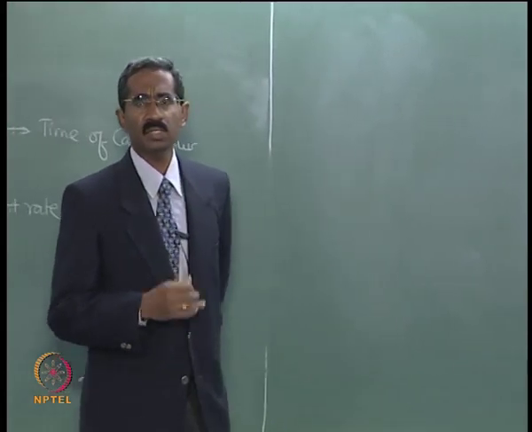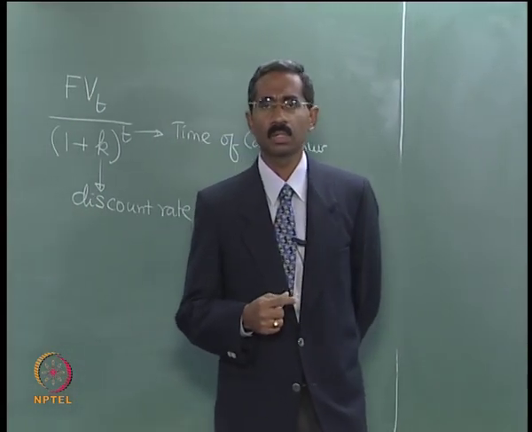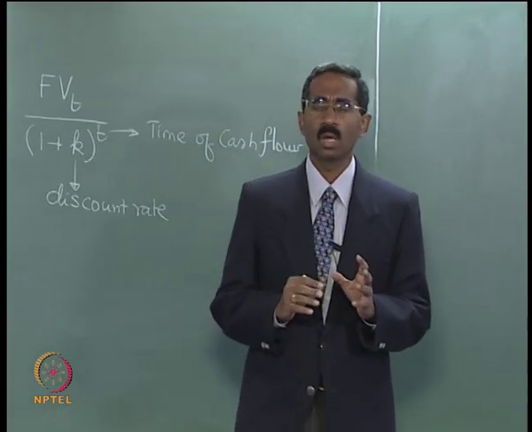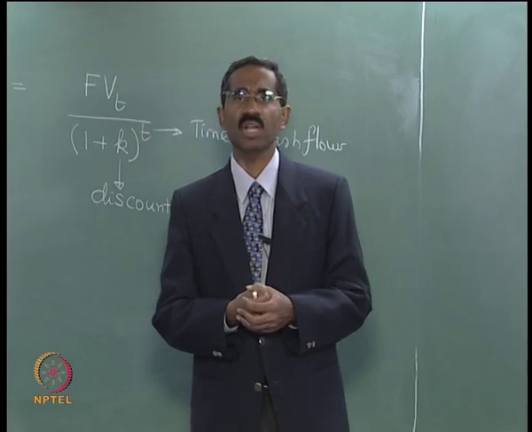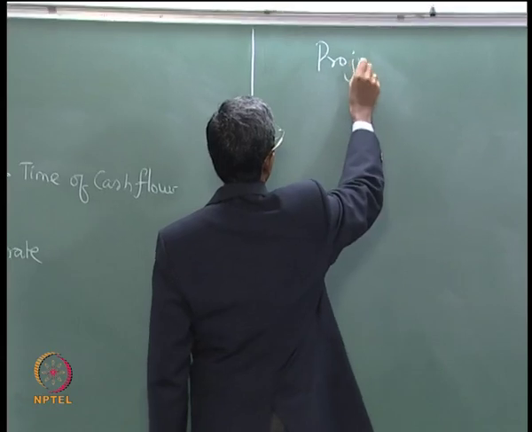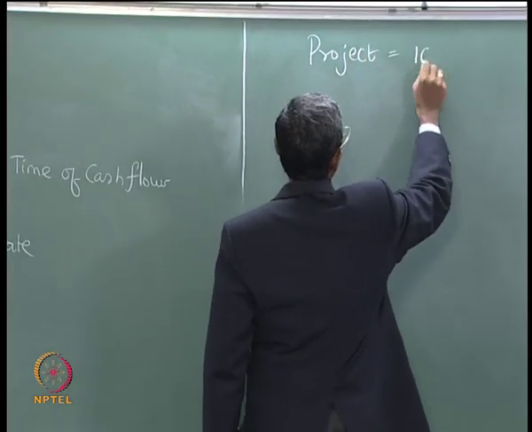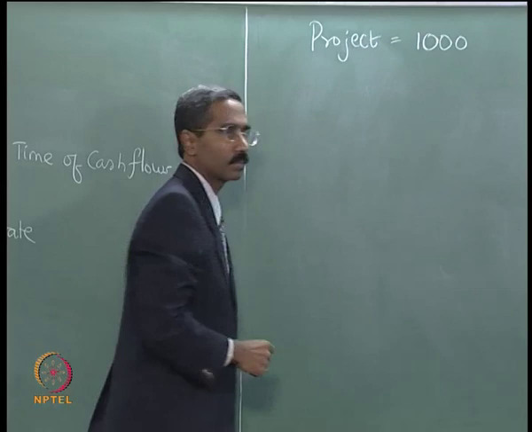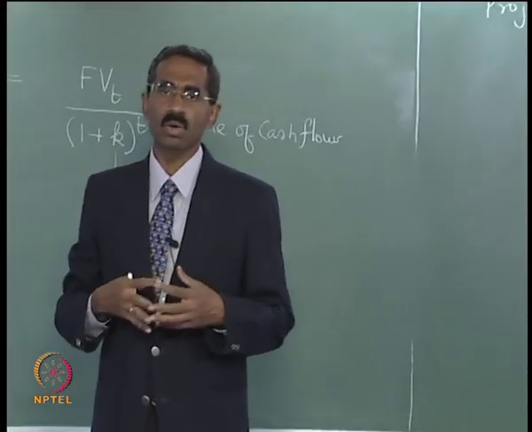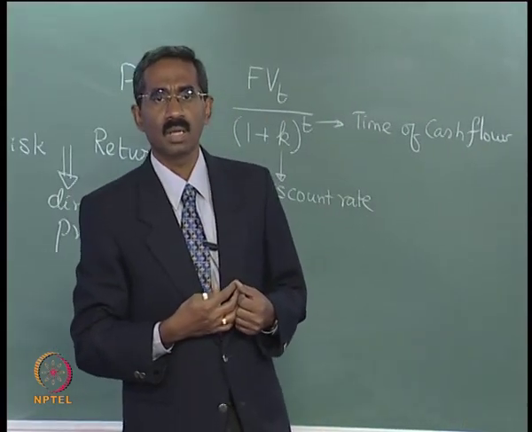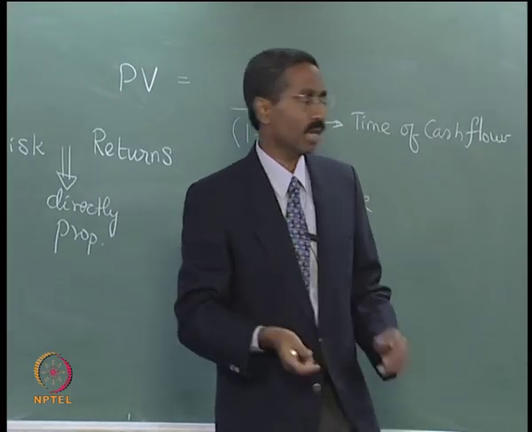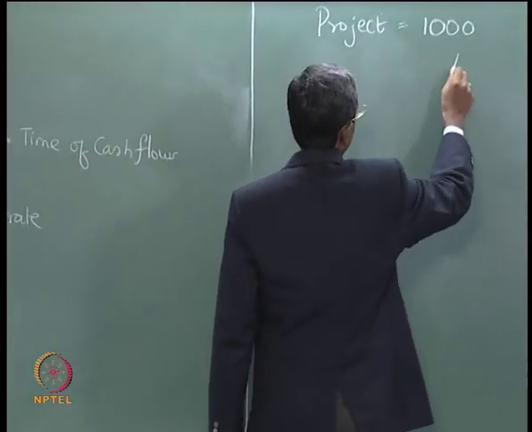Let us assume that there is a company which is very similar in nature, but differs only by the way in which it has been financed. Let us say there is a project which costs 1000, and there are two companies involved in implementing this project, and they differ by the way in which the project has been funded.